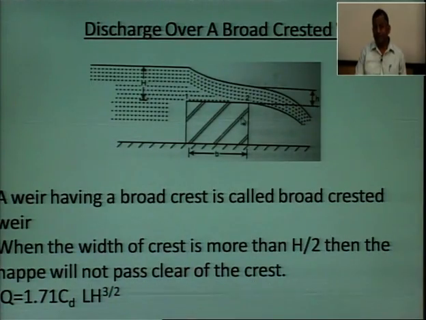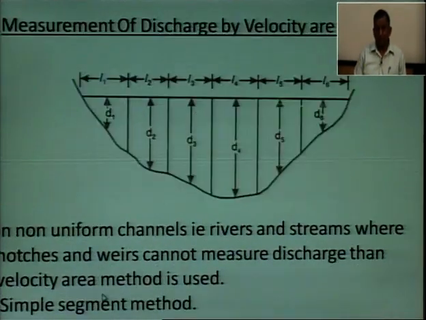When this width is more than H by 2, then this is known as a broad crested weir, and the discharge formula is equal to 1.71 Cd L H raised to power 3 by 2. Then the measurement of discharge by velocity area method.